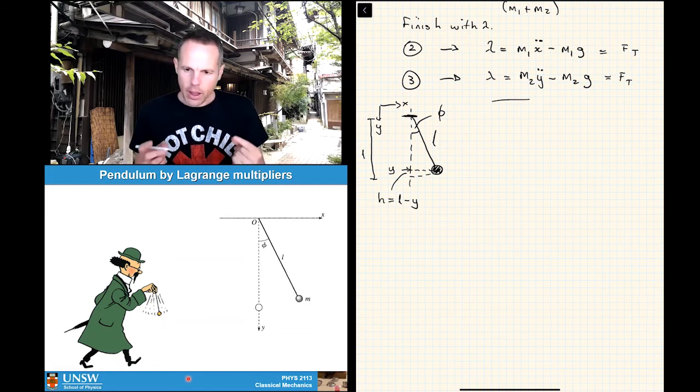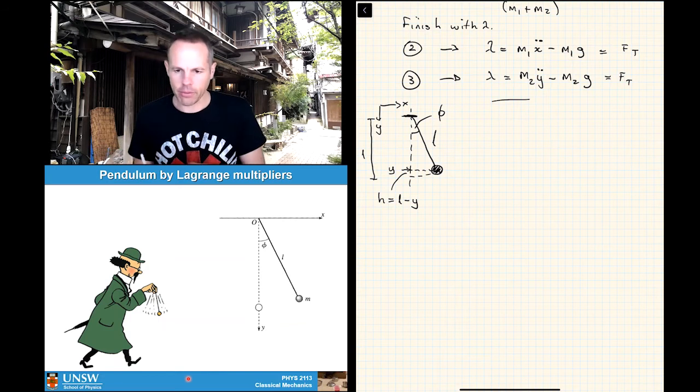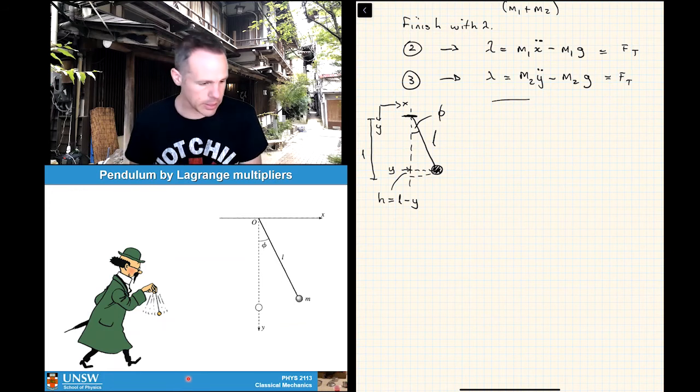When you do the Lagrange multipliers method, you've got to not do that. There's a different path through this, and if I start to write terms in phi in this problem, I'm going to end up having to get the phi's back out again, right? So number one rule with the Lagrange multipliers method: try to stay in the coordinates that are connected to your constraint force because the problem will be a lot easier.